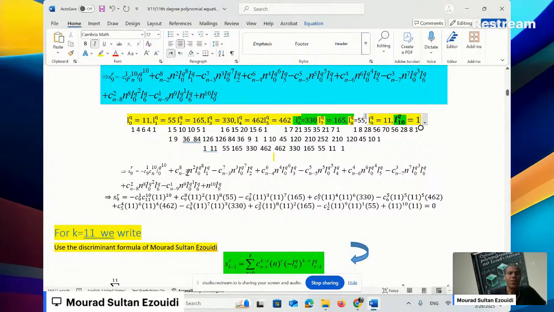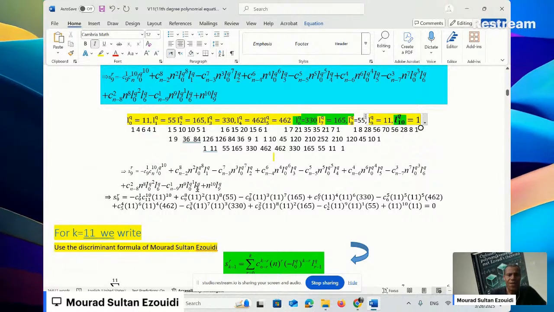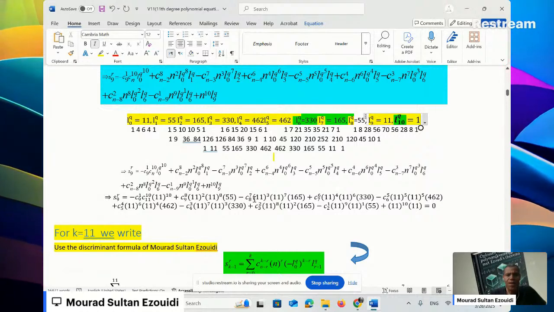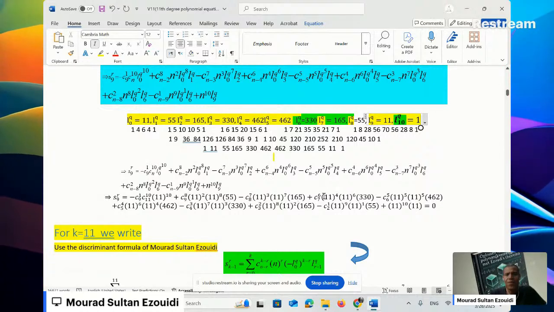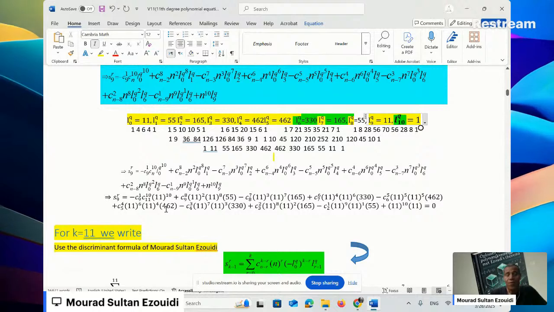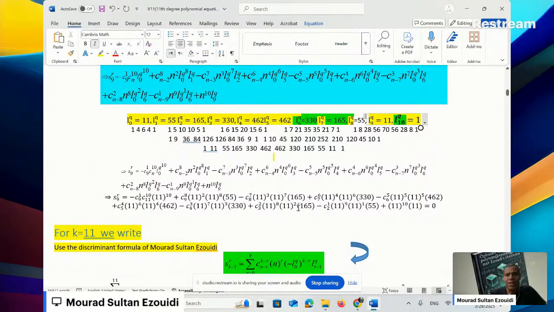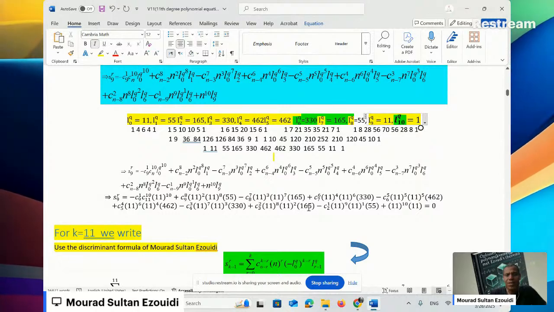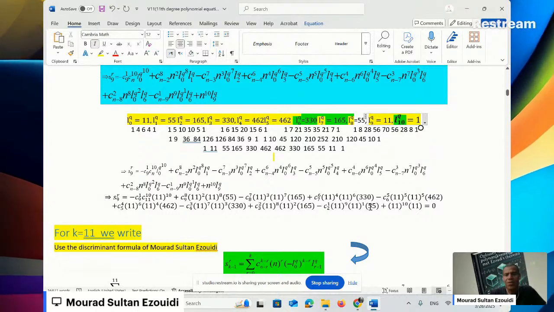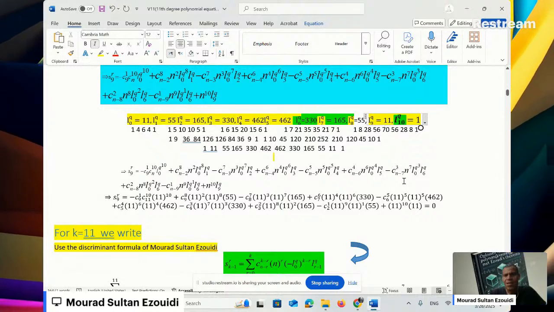This means here you are going to substitute L0 with 11 and L1 with 55, L2 with 165, L3 with 330, L4 with 462, L5 with 462, L6 with 330, L7 with 165, L8 with 55, and L9 with 11.